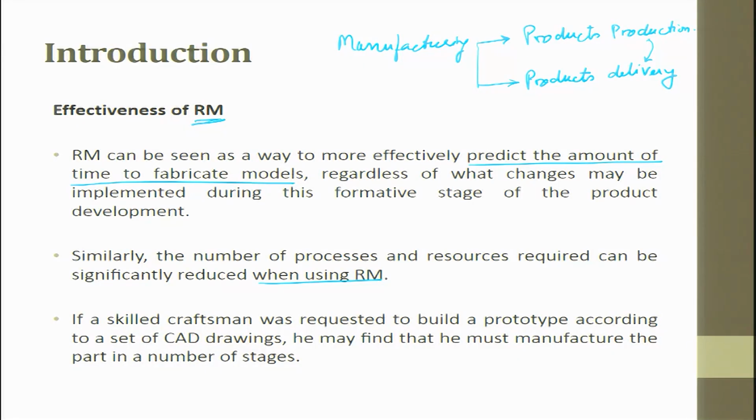When you shift to metals, it is almost the same. You will have porosities, and if I want to make alloys, it is very difficult. And after making these, I have to finish the surface. That is also a big challenge. So using RM, we can try to reduce the number of processes and also the resources required, because the building block, whatever you want, you decide. Whether you want a polymer, a metal, a ceramic, a combination, whatever you want, you do.